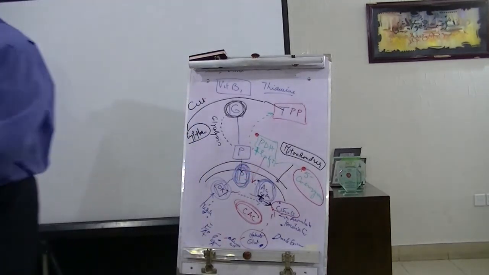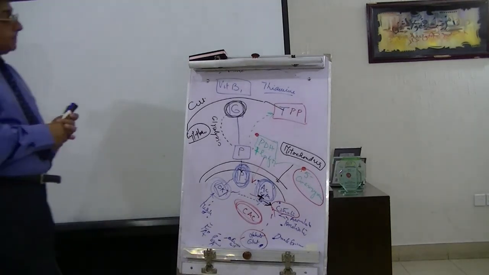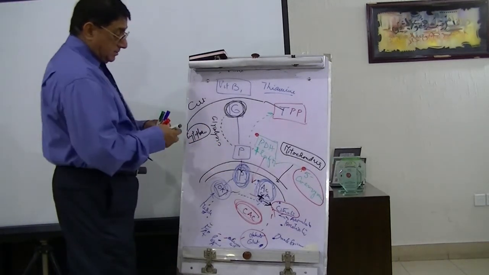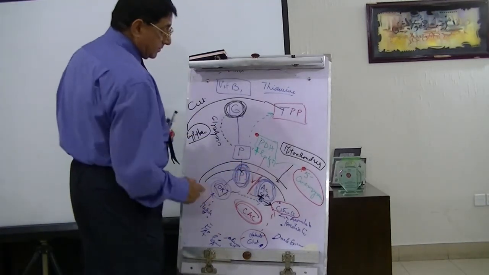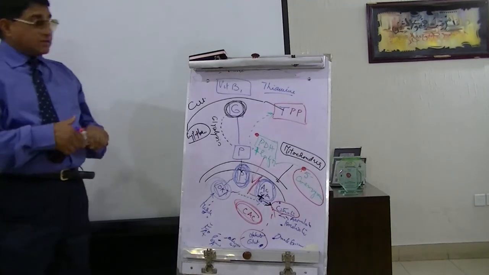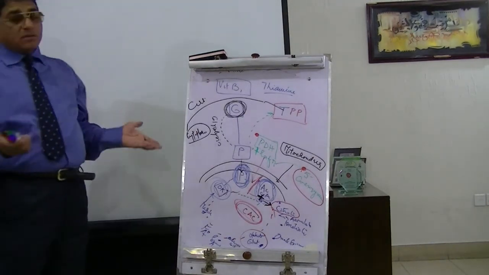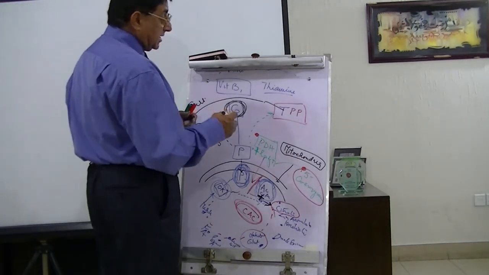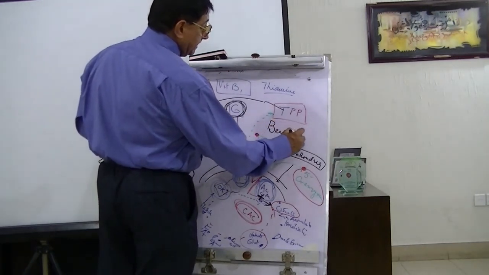So if thiamine is not there, this reaction is blocked. And you can understand this reaction is so important. If it is blocked, the body will get very little energy and the patient will suffer from beriberi.